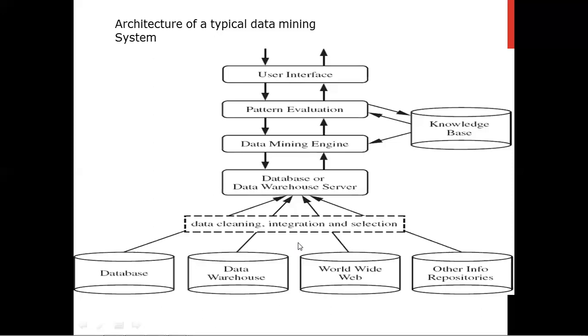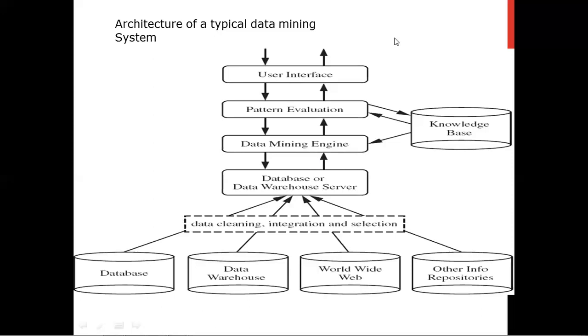This is the selection process, and we have to integrate that data from all the repositories and store it in a data warehouse server, because we access data using the data warehouse server. After this process, the data is selected. After that, the data goes to the data mining engine. Here, the data mining engine means different kinds of algorithms are used to mine that data.